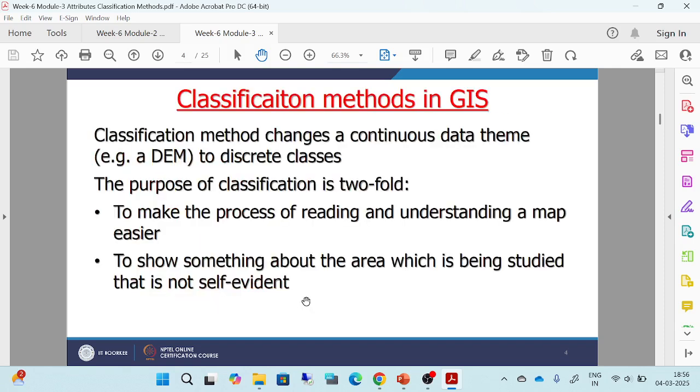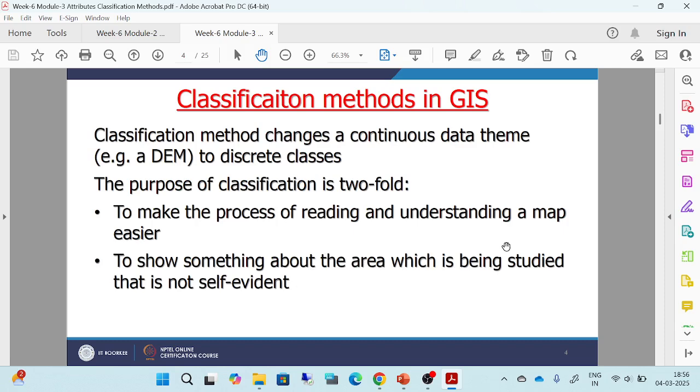Okay. So classification method changes a continuous data theme to discrete classes. An example image was also shown in the previous class. So the purpose of classification is twofold: to make the process of reading and understanding a map easier, and to show something about the area which is being studied that is not self-evident.